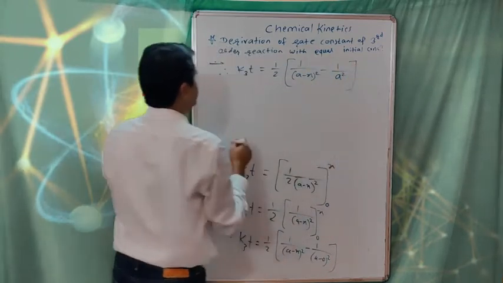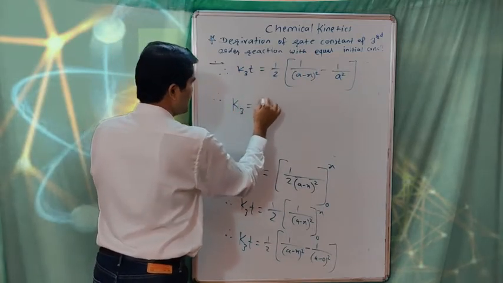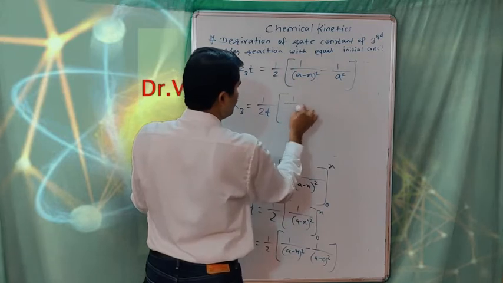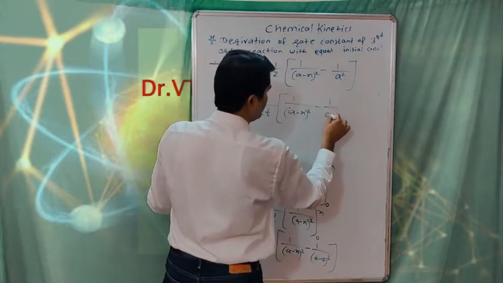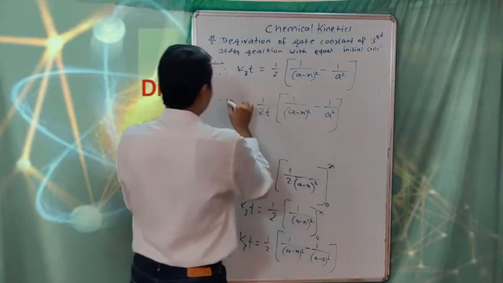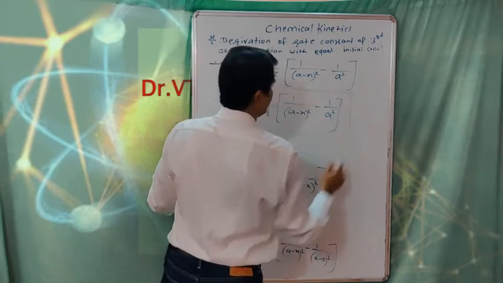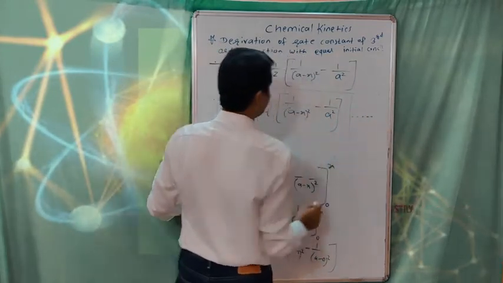So we can write this way. Take t that side, therefore k3 is equal to 1 upon 2t into 1 upon (a minus x) bracket square minus 1 upon a square. So this is an important equation of rate constant of third order reaction. So you can note this is our equation number 4.